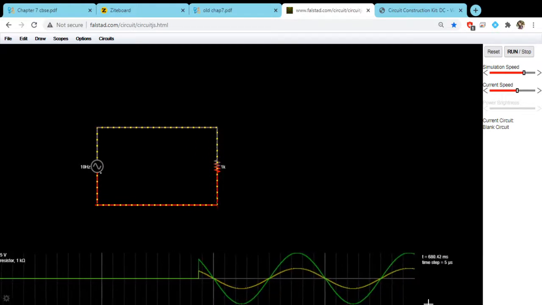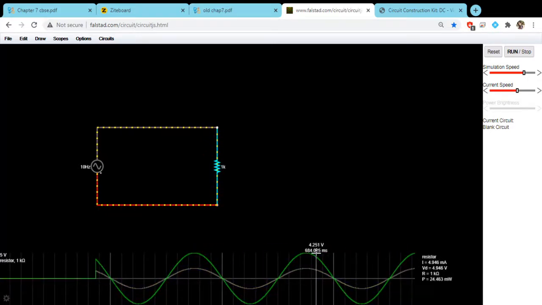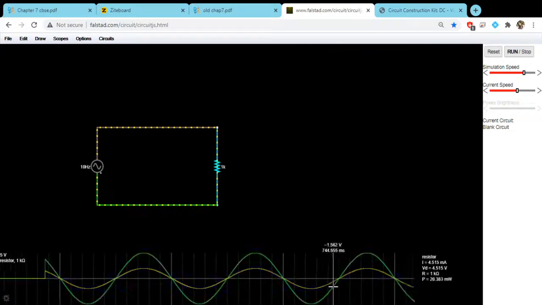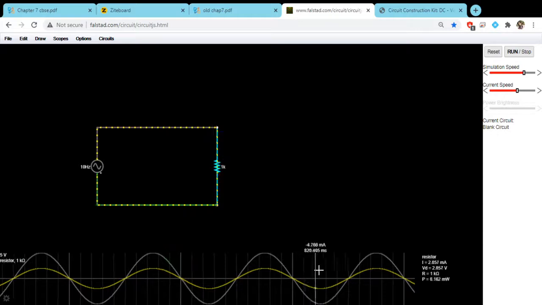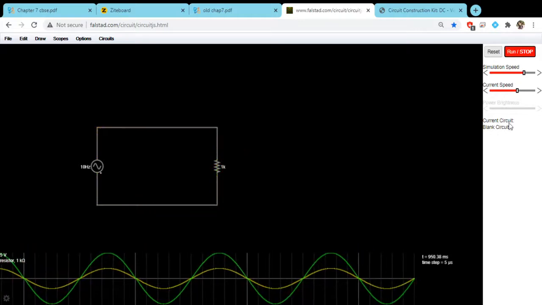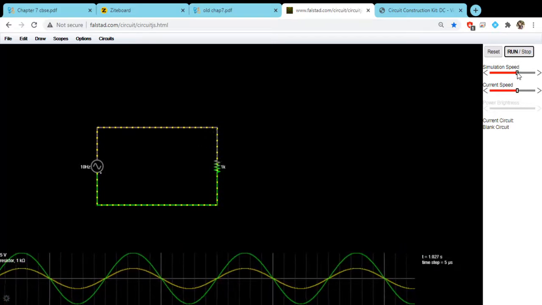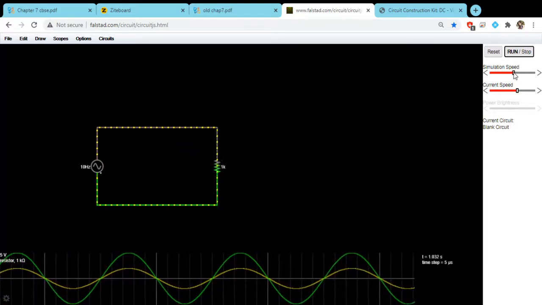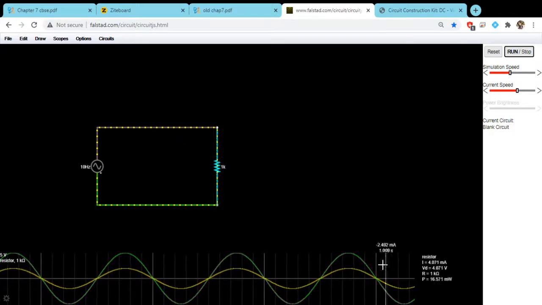So this is the graph for the voltage and the current. The green graph stands for the voltage and the yellow graph stands for the current. So as voltage increases, current increases. In our simulation, you see the voltage and the current in the graph. Let me decrease the speed.